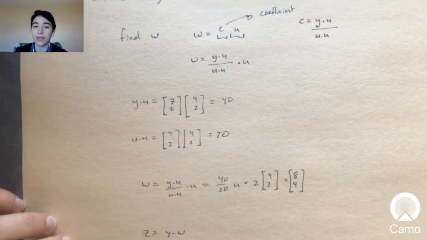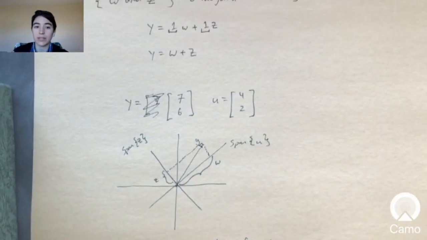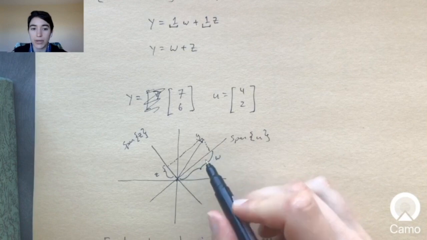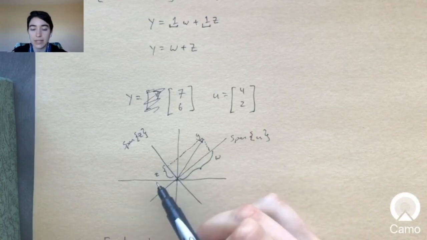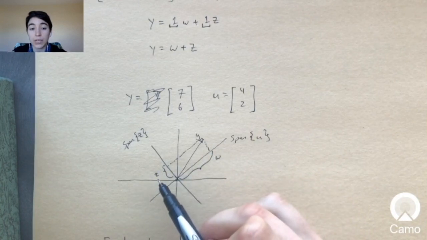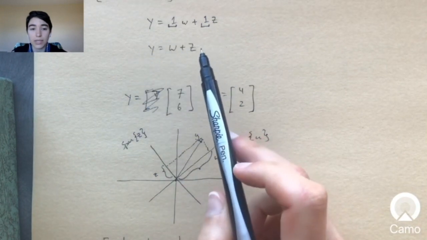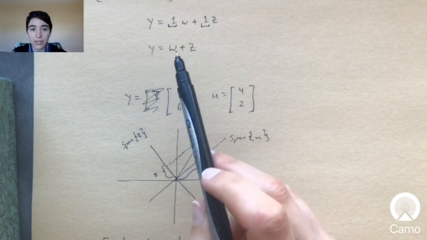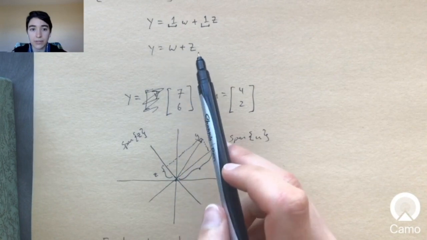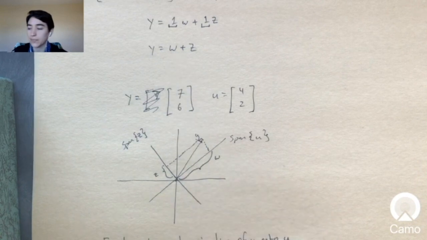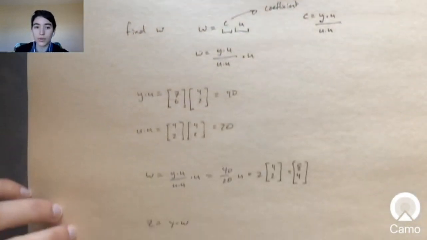Because we just found w, this whole projection-y part, and we're trying to find z. Since we know this, we can rearrange it and solve for z, which is just y minus w, which is what we have right here.